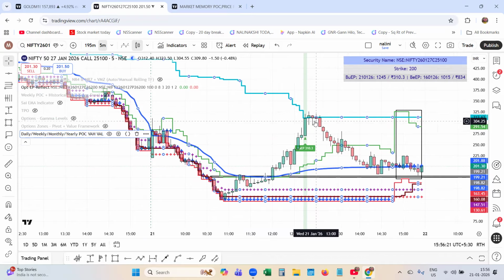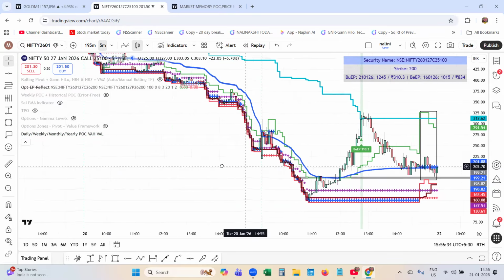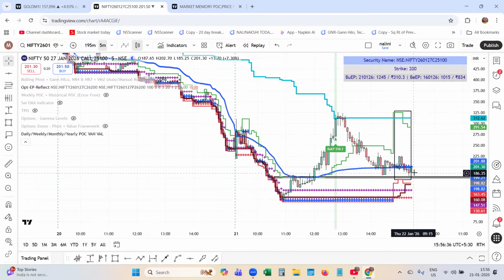This was a short cover rally, came down, got accepted. We need to see whether the price is going to get accepted in this area tomorrow.